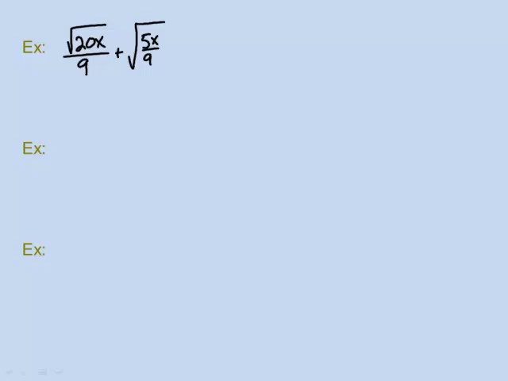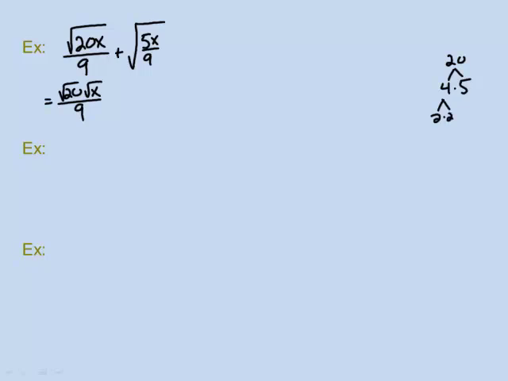So, starting with that first radical, if we split out that square root, we've got the square root of 20 times the square root of x divided by 9. And I know that in 20, if I break that down, there is a perfect square of 4. Okay, 4, of course, is 2 times 2.